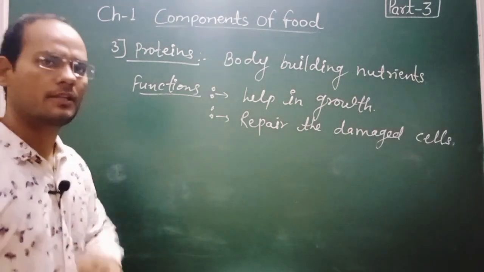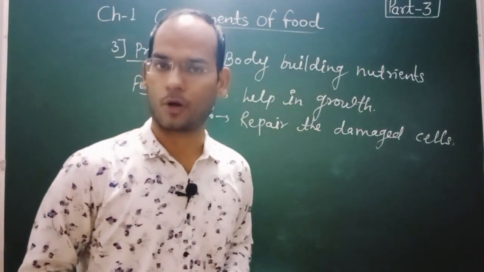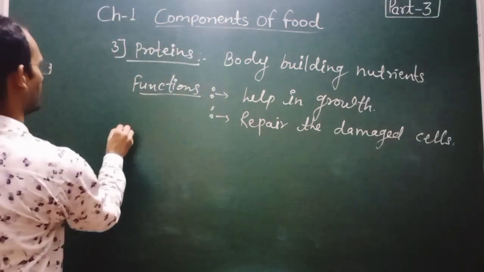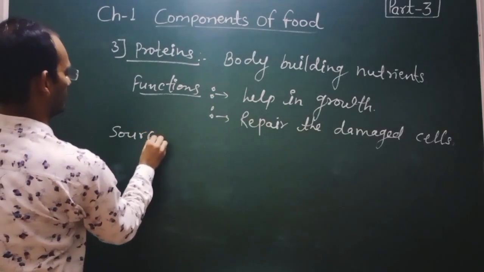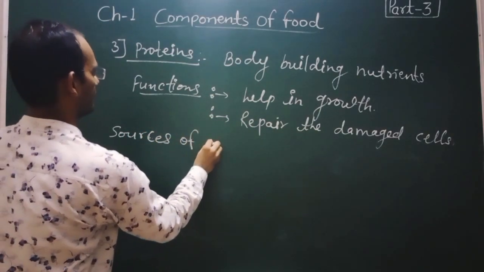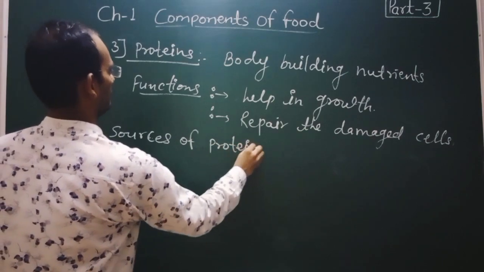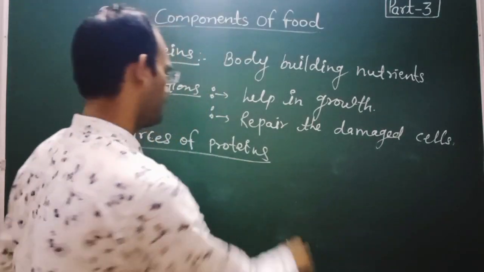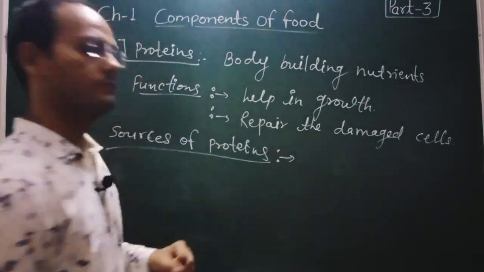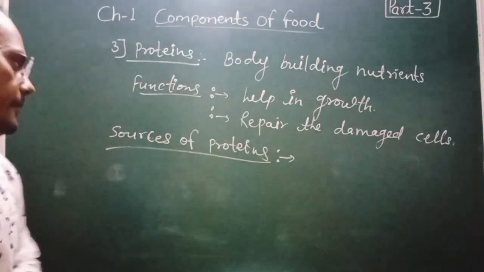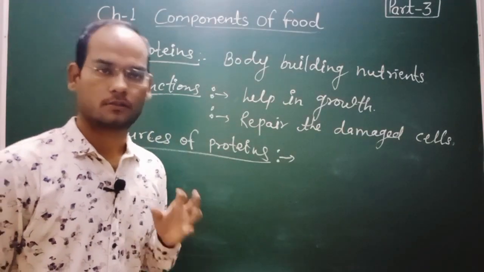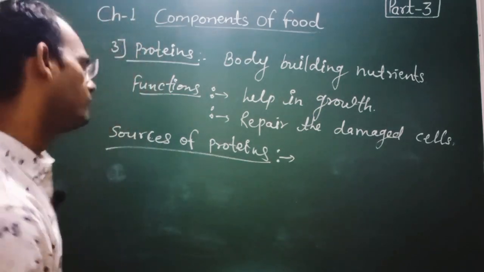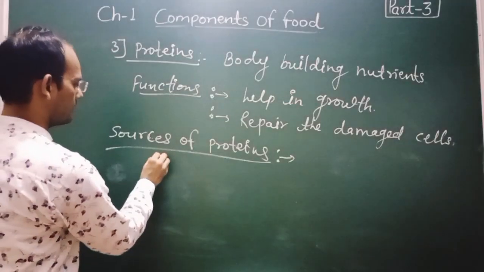Okay, so what are good examples of protein rich food, from where we get protein? We get proteins from animals as well as plants. First we will talk about animal sources of protein.